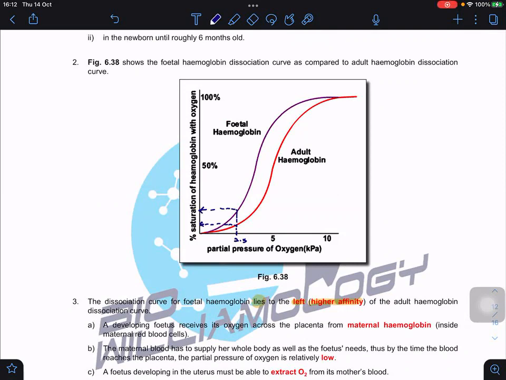So what does that mean? It means that in the placenta, adult hemoglobin HbA releases O2. How about fetal hemoglobin? Because they have higher affinity, they are going to take in, so they are going to bind to O2.